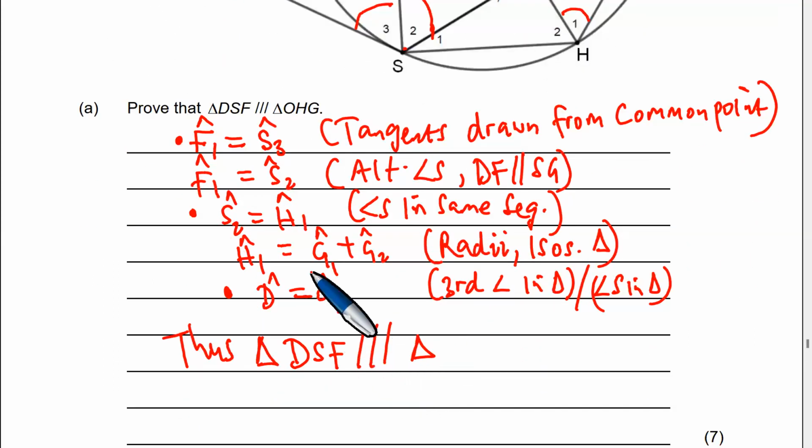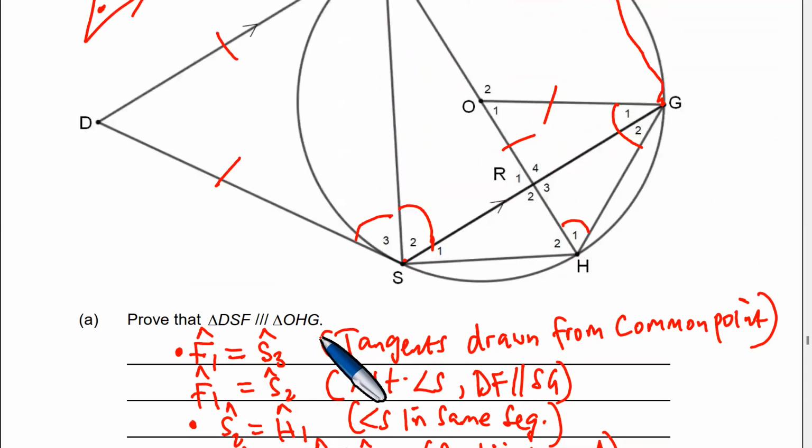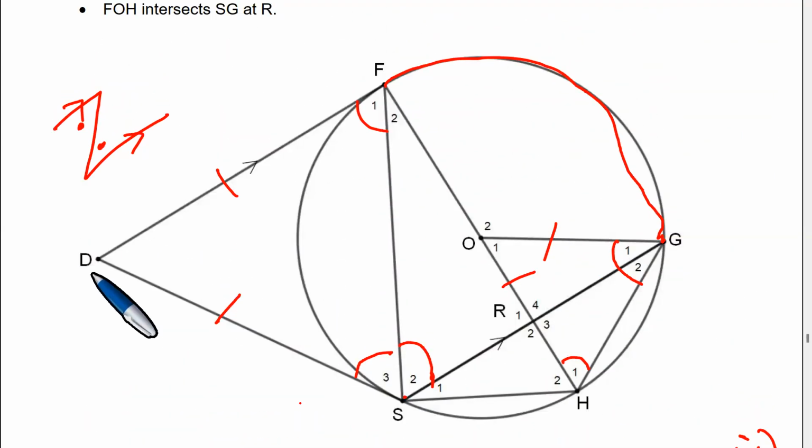So when you write similar triangles, you need to note that this angle D is equal to O1 so that you put O here. The angle that is equal to the angle S in DSF. Right. So we're looking at DSF. There's the angle that is equal to angle S3 in this triangle.